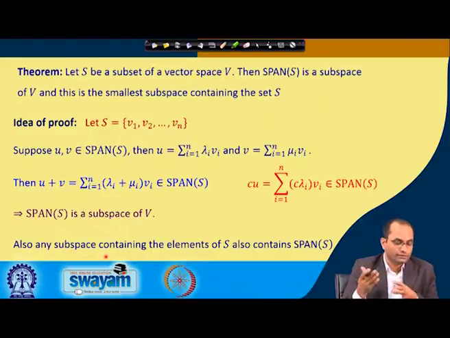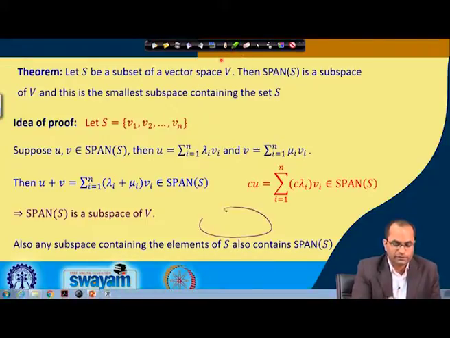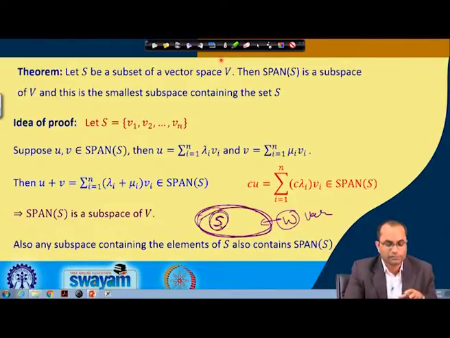Suppose we have a vector space W which contains this set S. Because this is a vector space, when we add two elements of it they must be there.